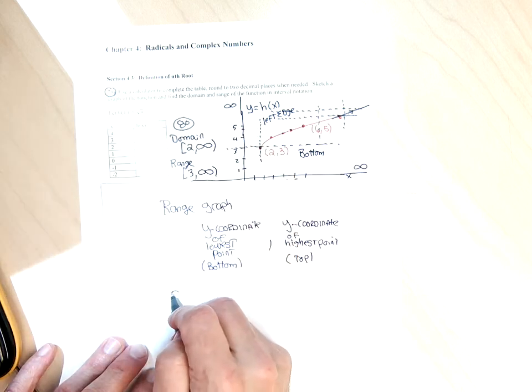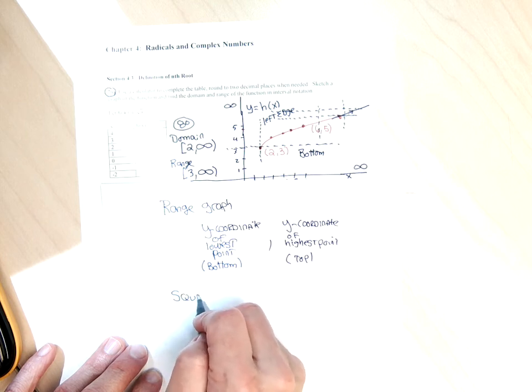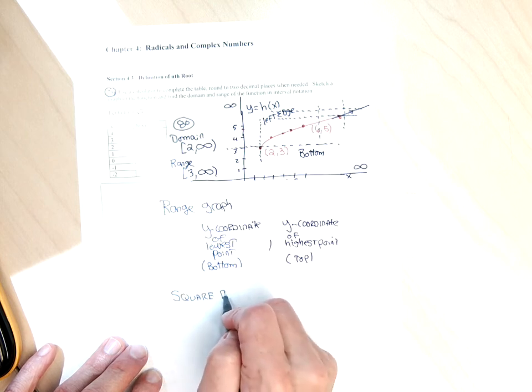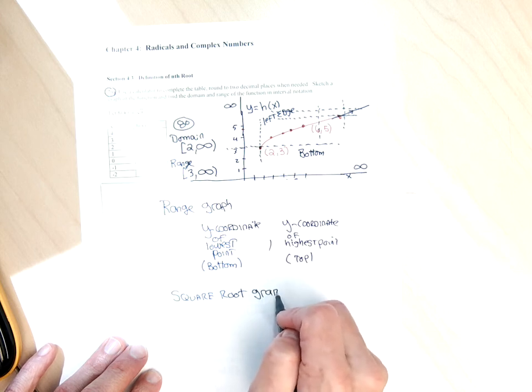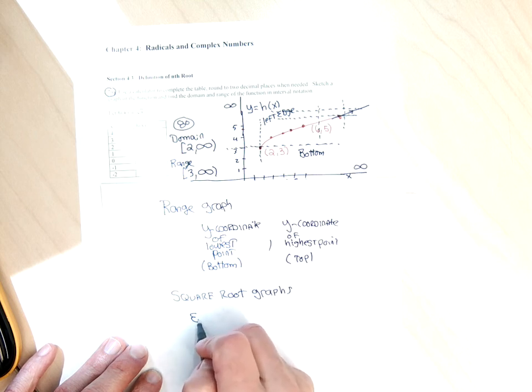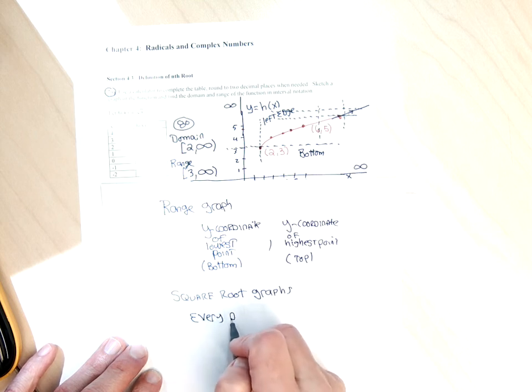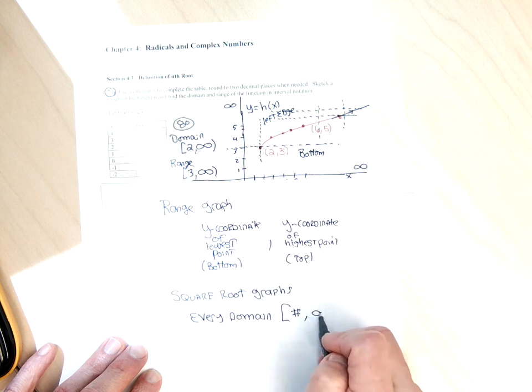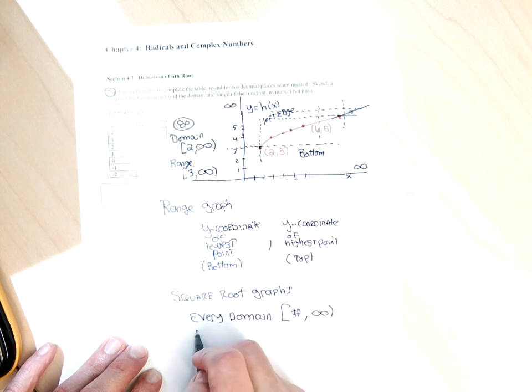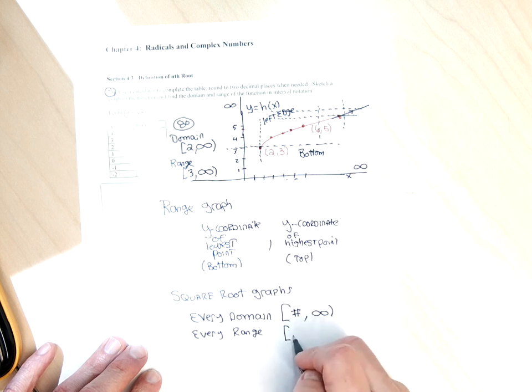And for our square root graphs, it's not for all square root graphs in the world, but for every square root graph we're going to do, every domain is going to be of the form square bracket, some value of x, comma, infinity. And every range for our square root graphs is going to be square bracket some value of y, comma, infinity.